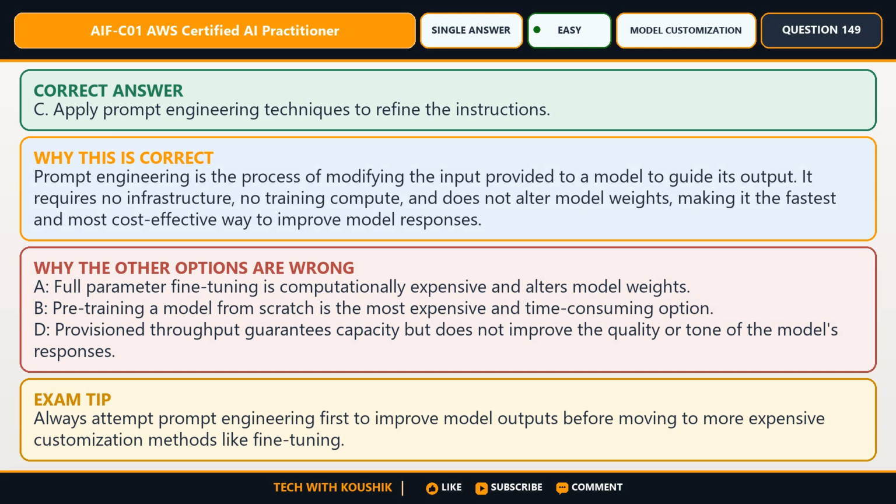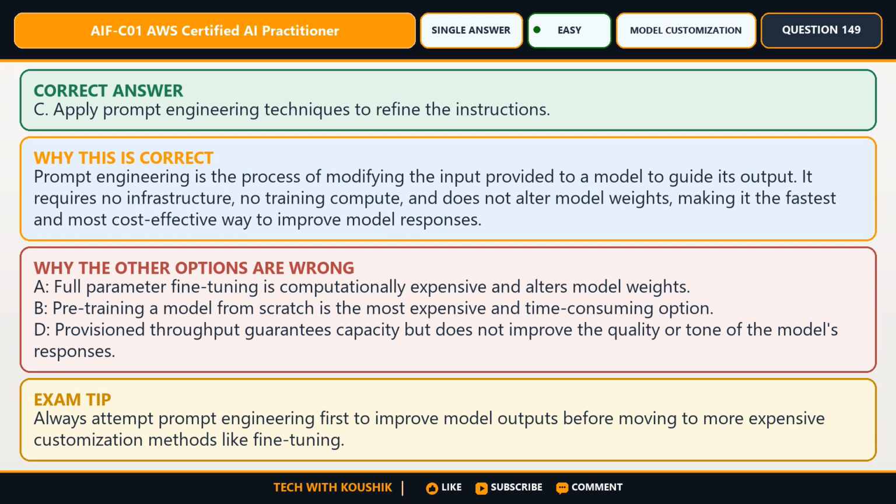Prompt engineering is the process of modifying the input provided to a model to guide its output. It requires no infrastructure, no training compute, and does not alter model weights, making it the fastest and most cost-effective way to improve model responses. The remaining options fail one or more requirements because A. Full parameter fine-tuning is computationally expensive and alters model weights.